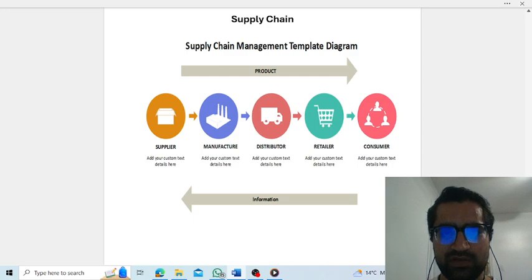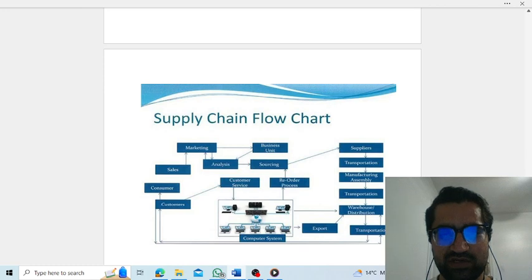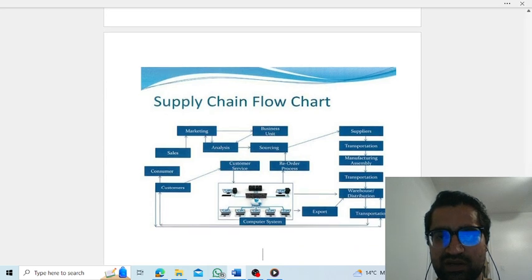And if I go to the second part, what is the supply chain flow chart? The supplier transports the products to the manufacturing assembly site, and the manufacturer transports the products to the warehouse, and the warehouse transports the products to the customers or the retail distributors, retail centers.